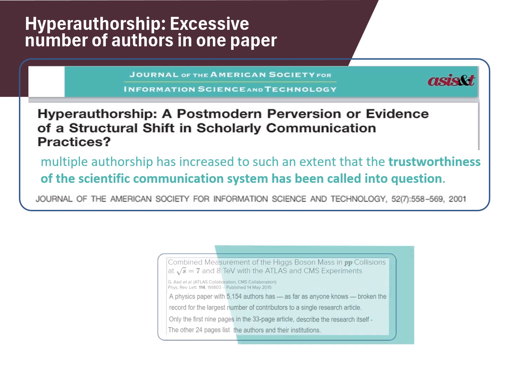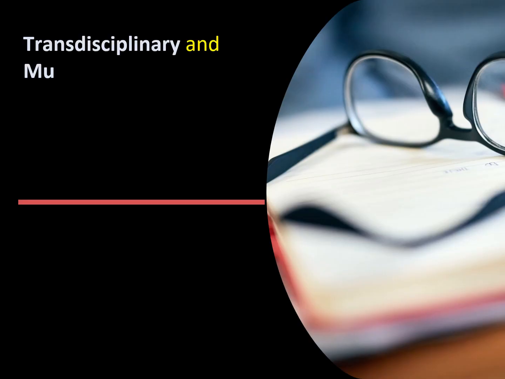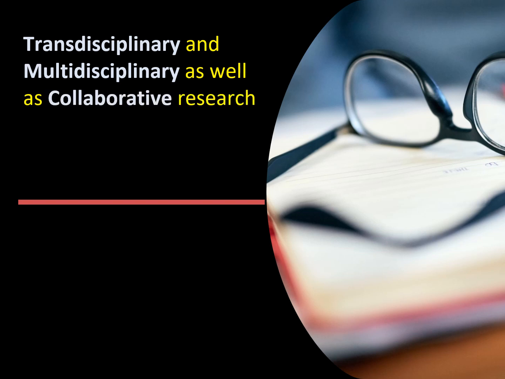A physics paper had a record-breaking number of more than 5,000 authors. Indeed, there is an increasing trend of transdisciplinary, multidisciplinary, and collaborative research that might have resulted in the increasing number of authors in multi-authored papers in the last few decades.